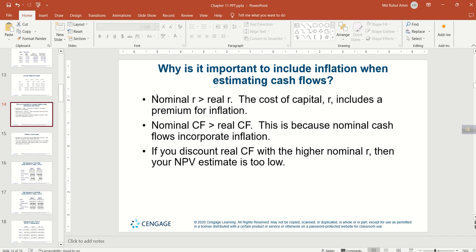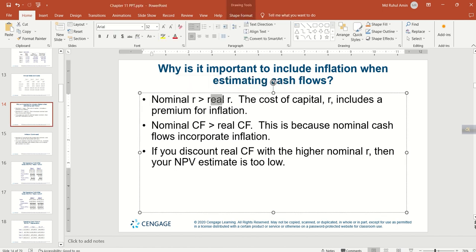Inflation we need to consider in our project cash flow estimation, because we know nominal and real rate, I mean inflation actually captures our purchasing power. So if you do not adjust for inflation, your cash flow would be an inflated amount, I mean it would be a wrong answer. So you should consider this inflation adjustment in your cash flow estimation as well as project valuation.